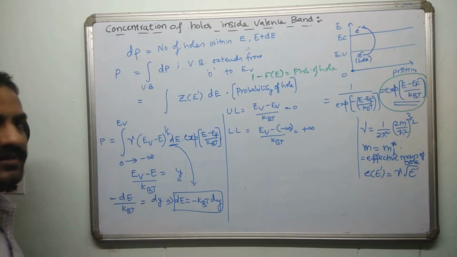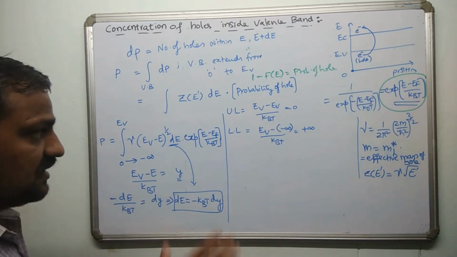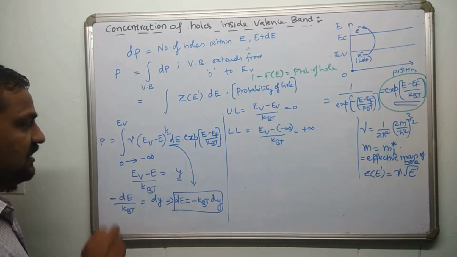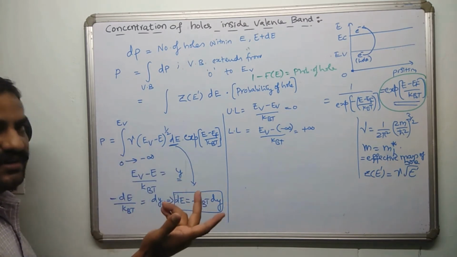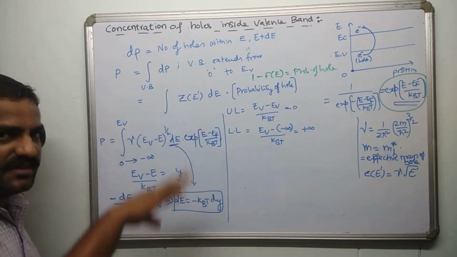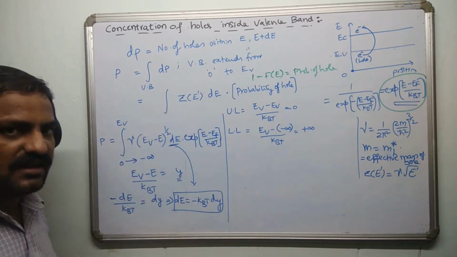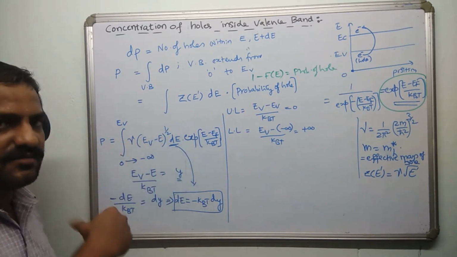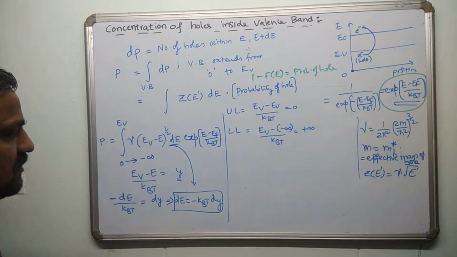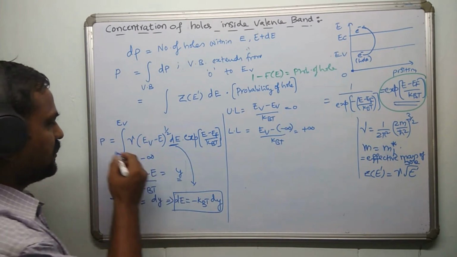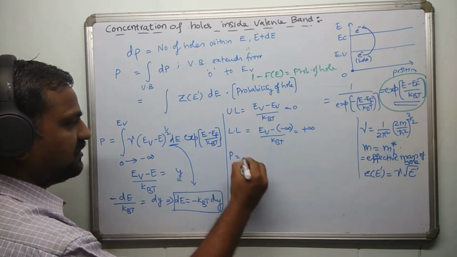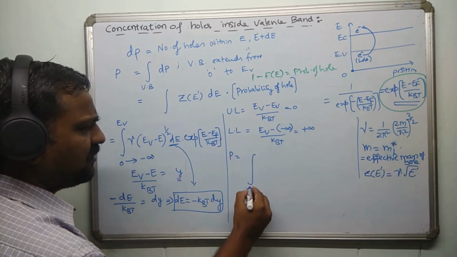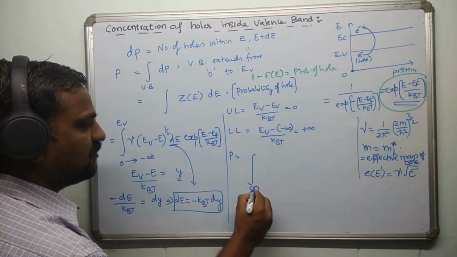So upper and lower limits are now obtained, and half of the integral is now looking like a gamma function. You can clearly see the limits are now 0 to infinity. Of course, infinity to 0, you can swap the integral later, but it looks like the gamma function with appropriate limits. The remaining terms we have to manipulate now. So let me put everything back here. My p is going to be the integral running from infinity to 0.